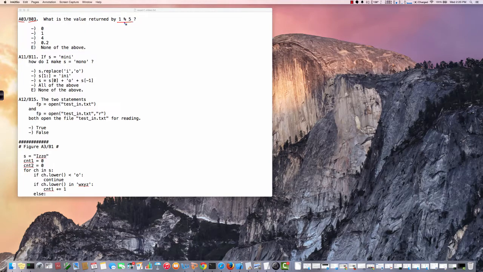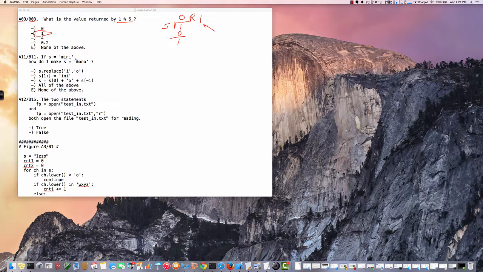So we're taking 1 mod 5, and what that means is if we go back to sort of third grade division, we're dividing 1 by 5. 5 goes into that 0 times, 5 times 0 is 0, subtract, and we get a remainder of 1, and it's the remainder of 1 that's the answer on that one.